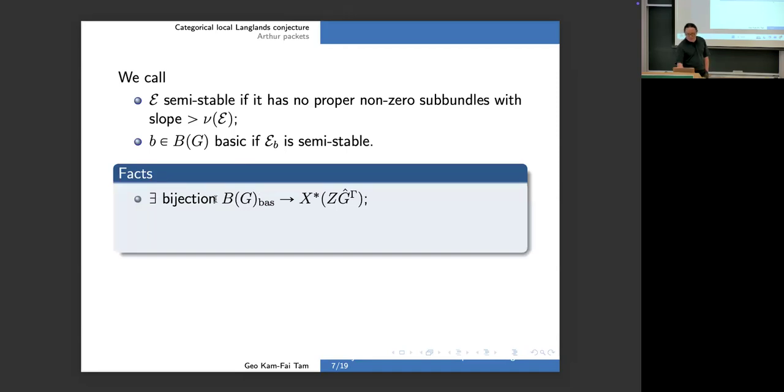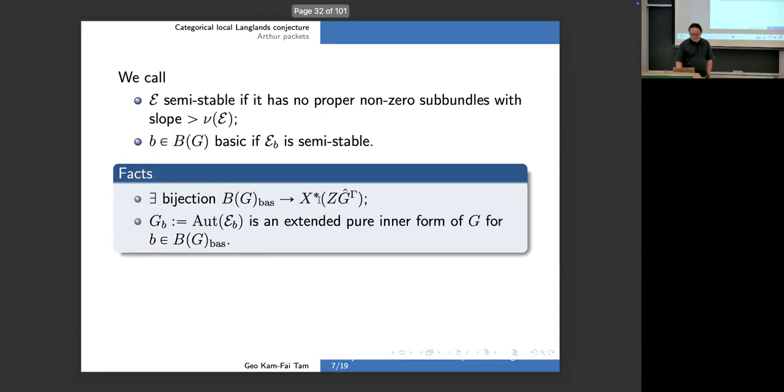Some facts: there's a bijection between the set of basic isocrystals and the characters of the Galois invariants of the center of G hat. This G_b group, when b is basic, is exactly the automorphism group of any G-bundle corresponding to b. So this group is an extended pure inner form of G, if b is basic.